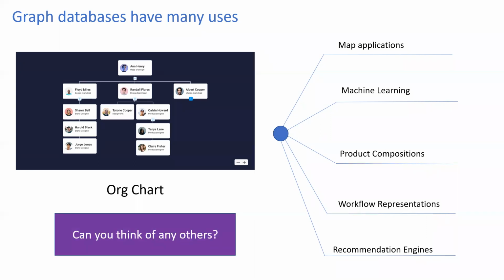Can anybody here think of any other cases that might very well fit a graph database? Column oriented. I've not heard that before, but I'll take your word for that, Steve. That was something else, but yeah. All right.